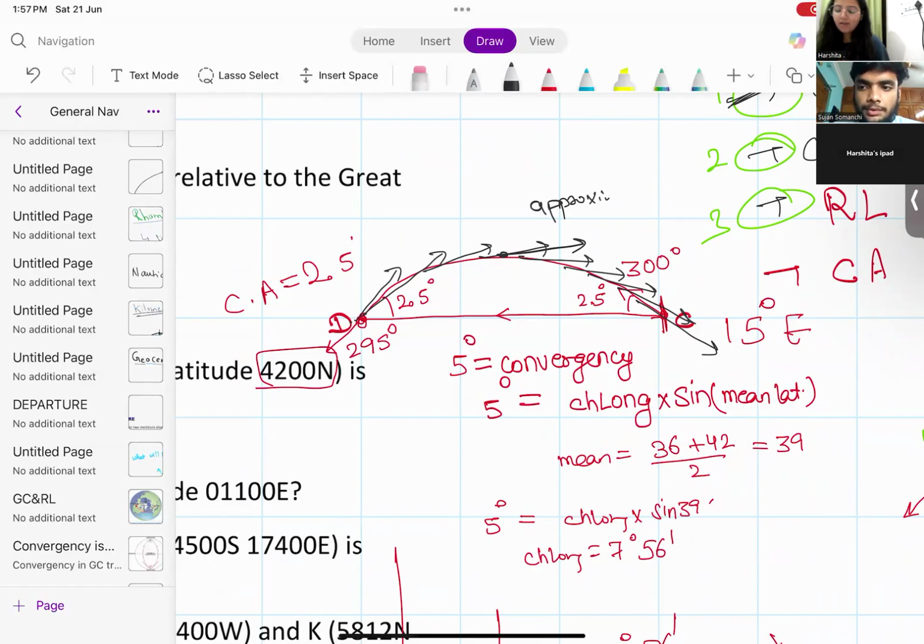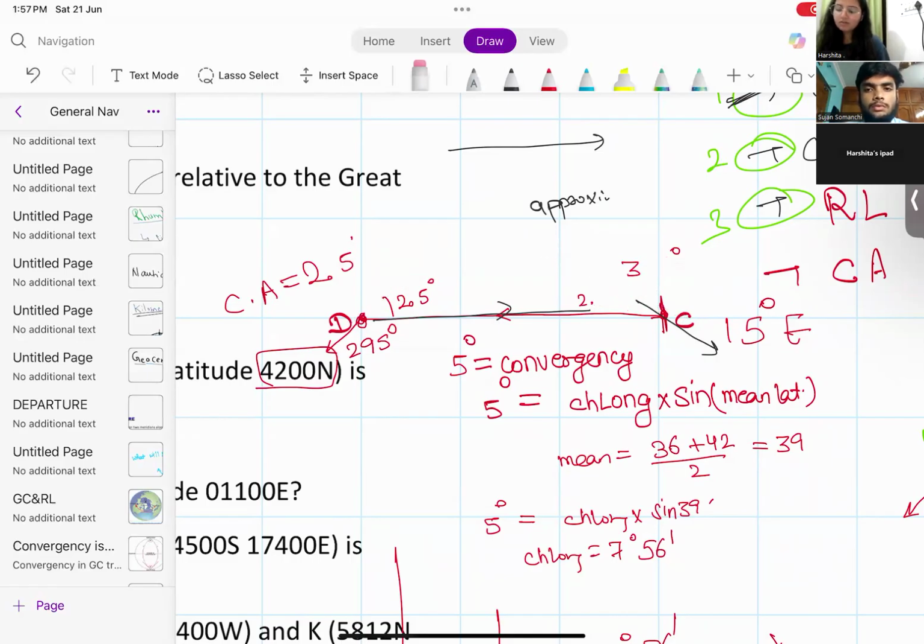If you take the average or the approximate of all these great circle tracks, it comes out to be a straight line. And what else is a straight line? This one, the rhumb line. For this diagram, since we are going in the west direction, we are going something like this. The average would be this direction only, right? Yes. This is the average, the approximate of all great circle tracks. This will be equal to the rhumb line.